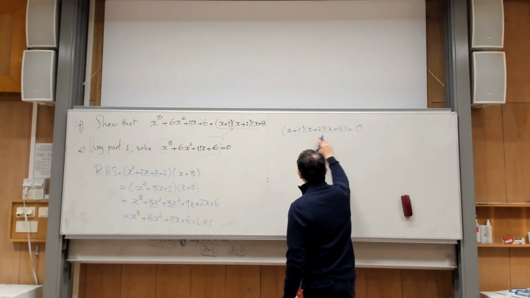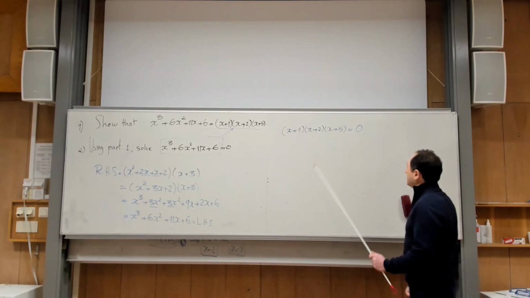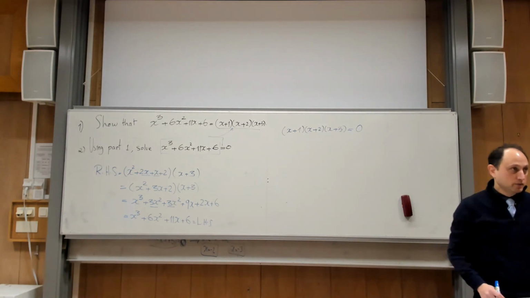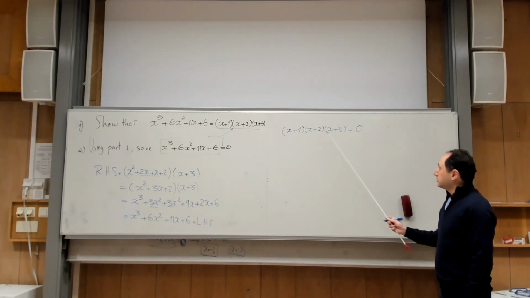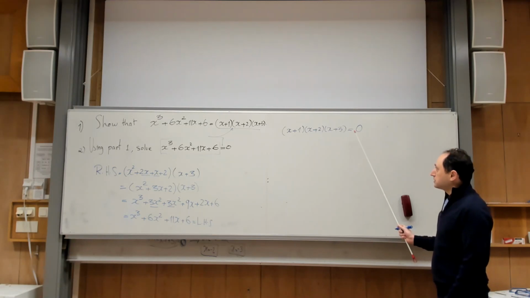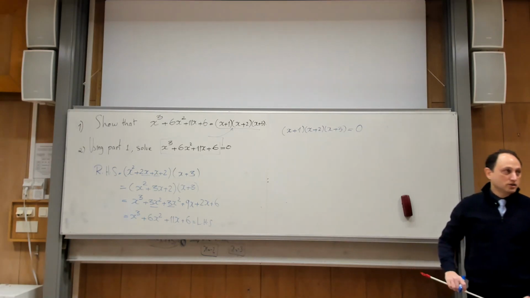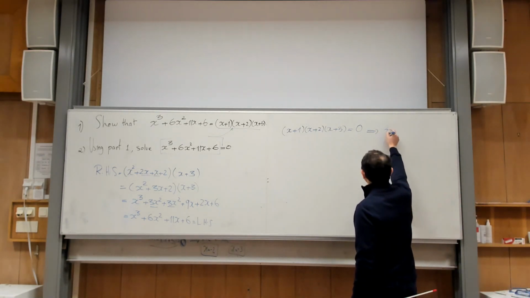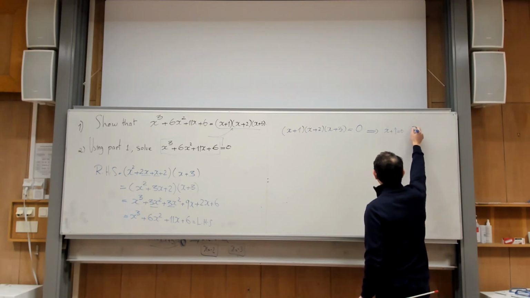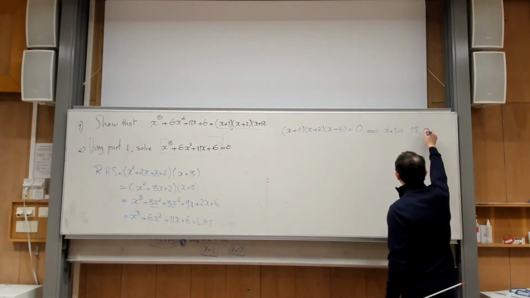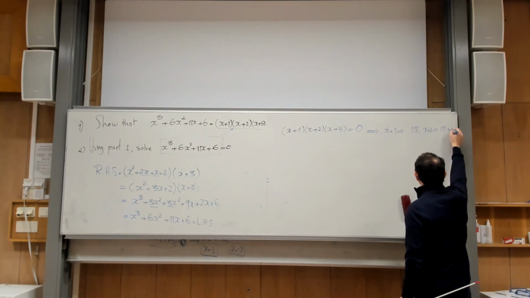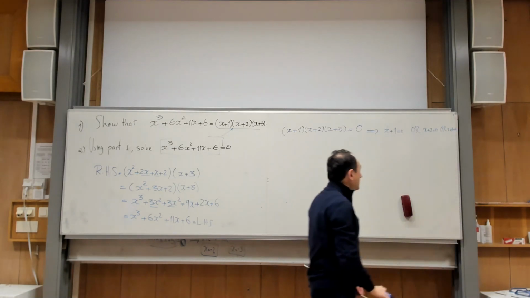And because the product of 3 numbers can be 0 only if at least one of them is 0. This is not possible, yes? If the product of some numbers is going to be equal to 0, it is not possible unless at least one of them is 0. This is the only possibility. So this means that x plus 1 is 0 or x plus 2 is 0 or x plus 3 is 0. Is there any other possibility? No.